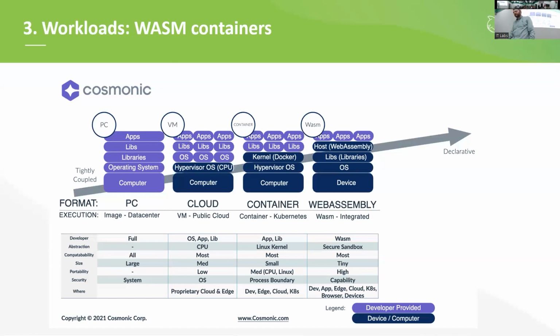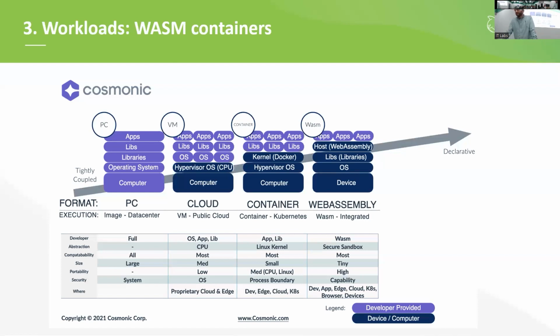And when this happened, WebAssembly received extensive attention in the community of containers, function compute community, and also IoT community, because it has a very small footprint, and it can be running on edge devices.